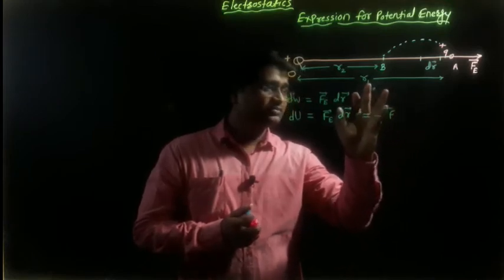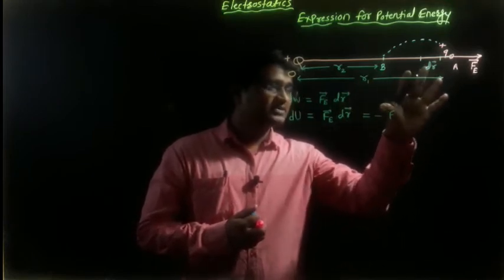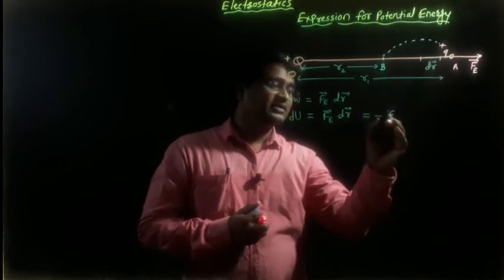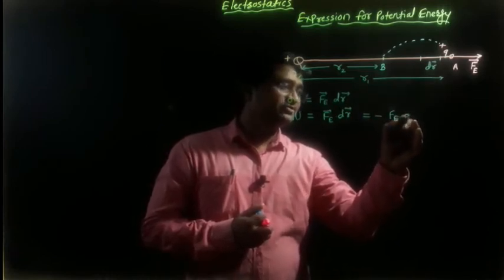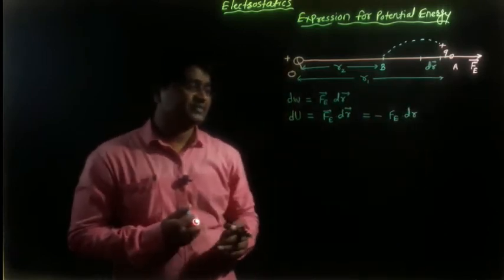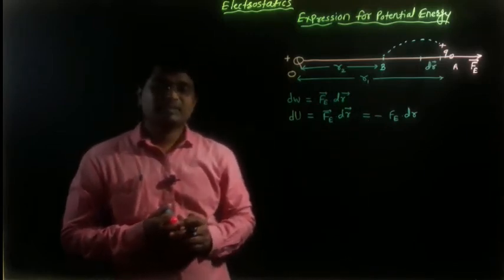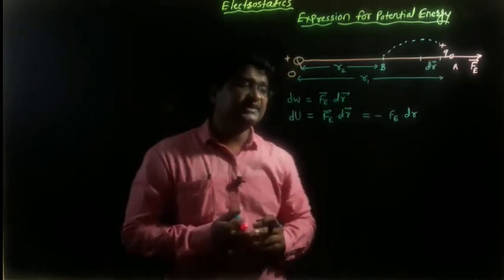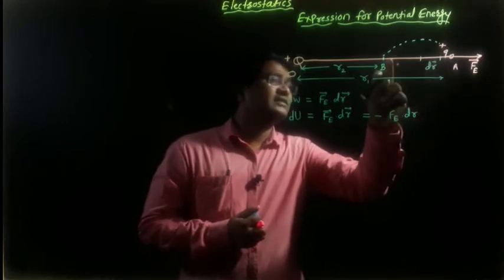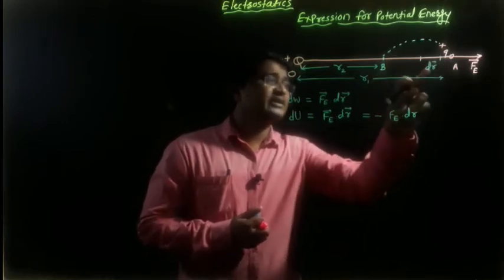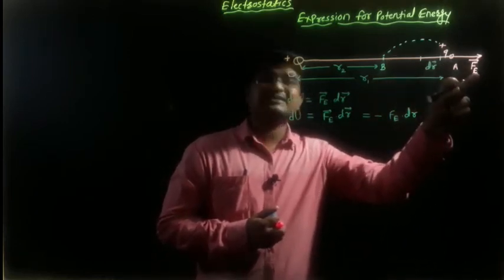There is no direction here, this is the magnitude. So, electrostatic force into displacement. Why do we write the negative sign? Because this negative sign indicates that the displacement dr is against the electrostatic force.